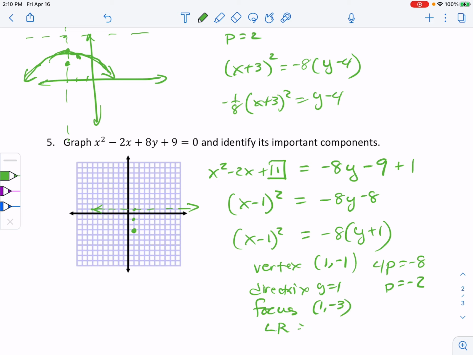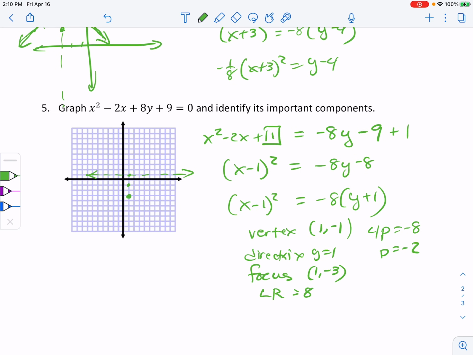LR equals 8. What else do we need? Oh, axis of symmetry is x equals 1. And so I come here and I go 1, 2, 3, 4, 1, 2, 3, 4, and my curve is going like this.